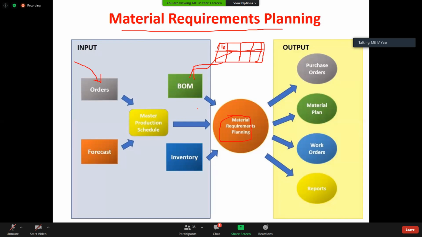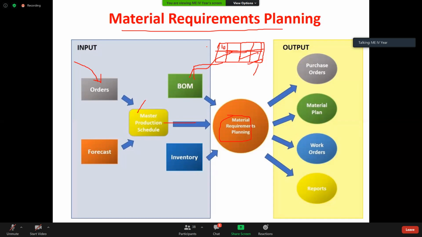So BOM, after this, master production schedule. The name itself is saying it is the master. Who is the master for the entire factory? It is the hierarchy people like the CEO or GM. They don't know all individual part data and delivery dates.